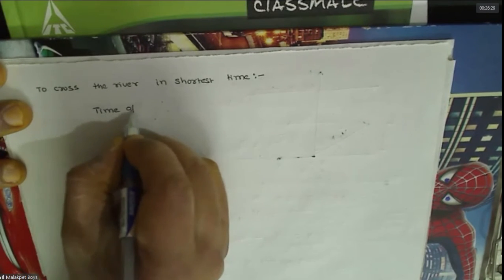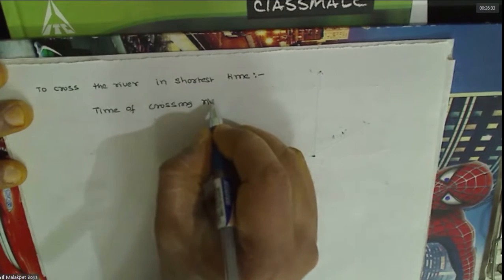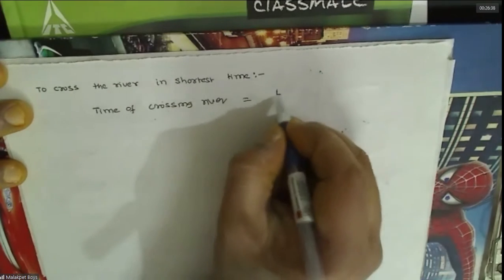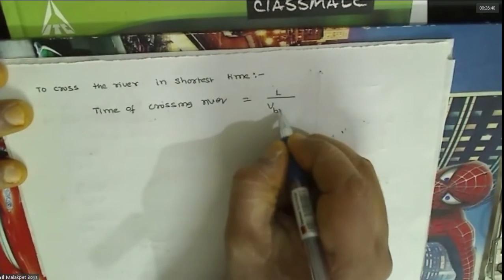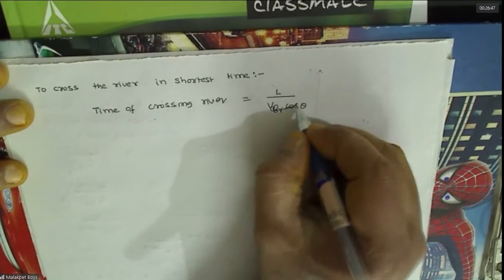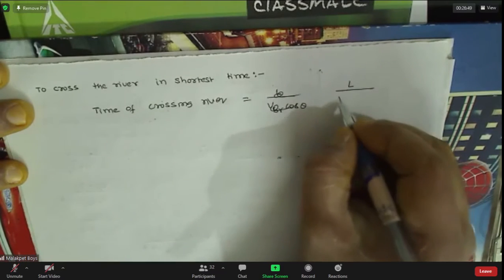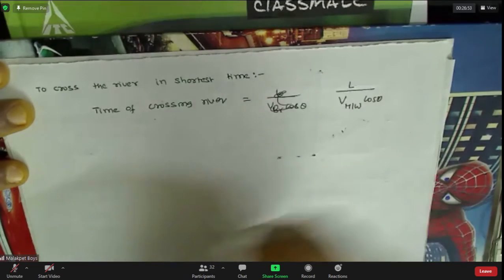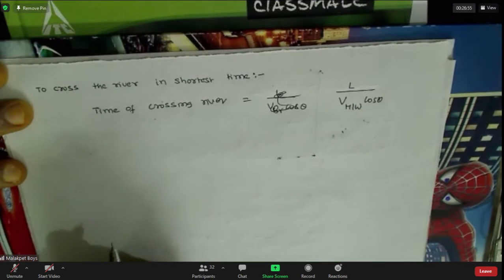You can see that what is time of crossing we got? Time of crossing the river is L by V_BW cos theta, velocity of man with respect to water cos theta, or boat with respect to river. Anything you may give.